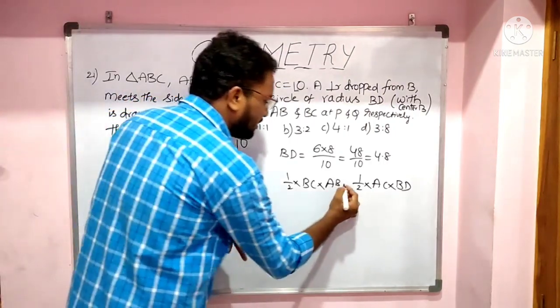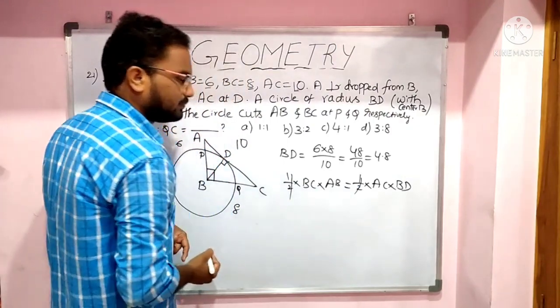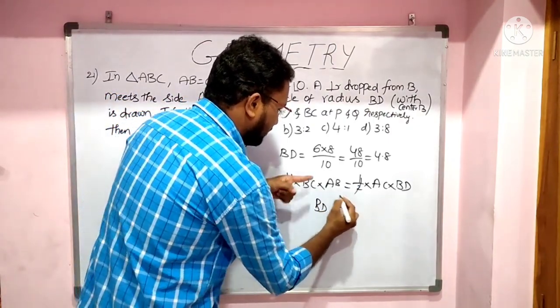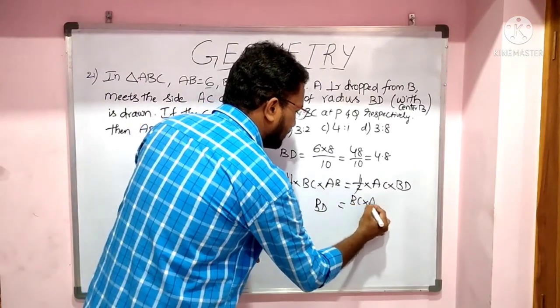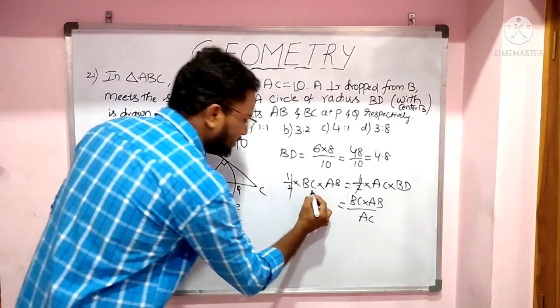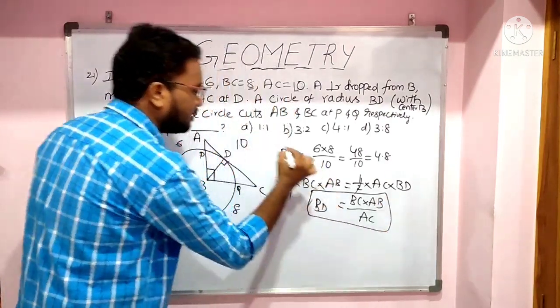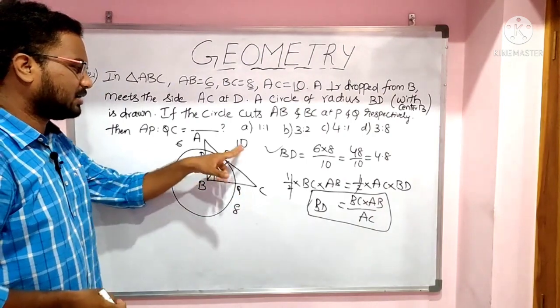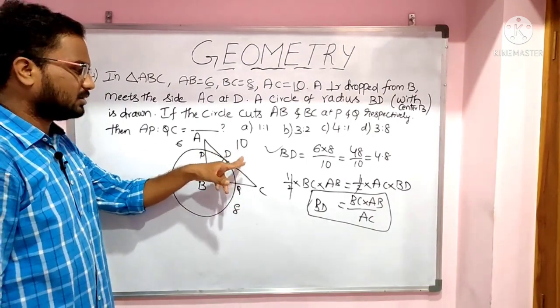So these two areas are equal. Half cancels. Then BD equals BC into AB by AC. So this is where we got this.